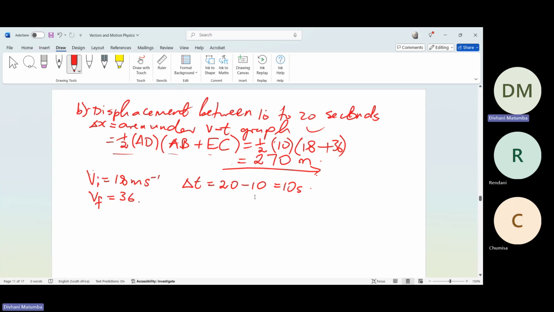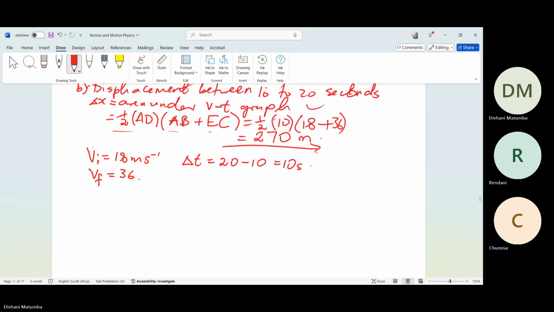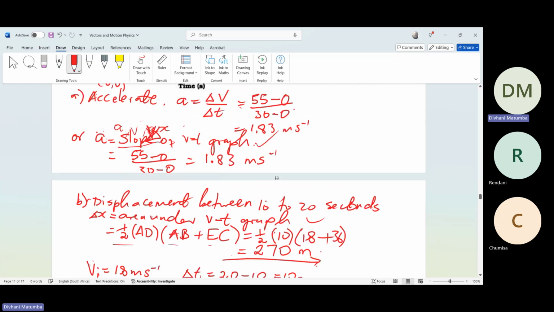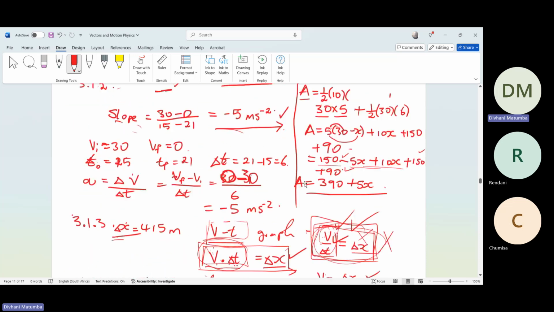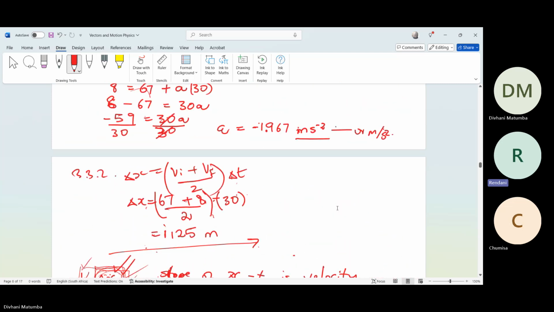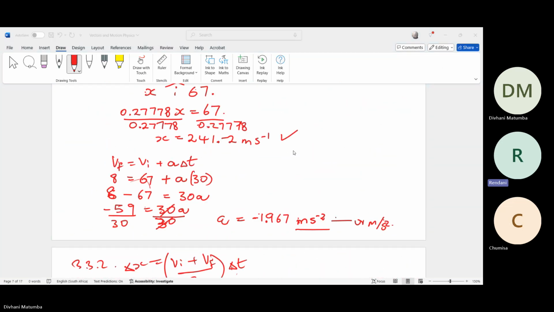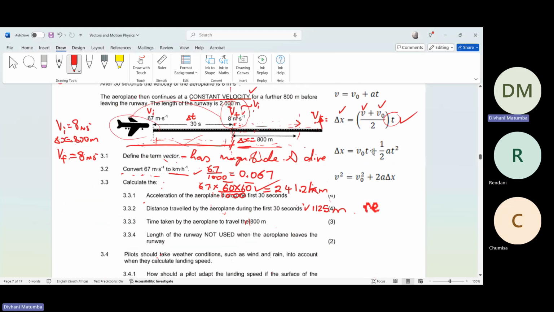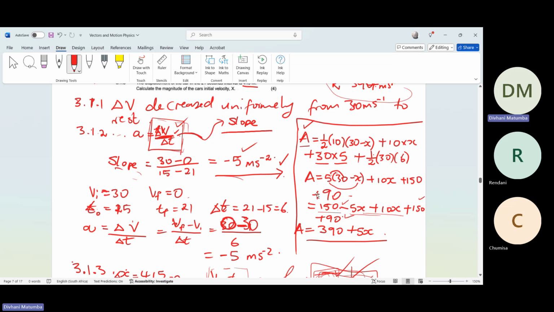If you are using the equations of motion and you have all these parameters, which formula were you gonna use? Let me drag the equations of motion. Let me copy it first and paste it at the end.